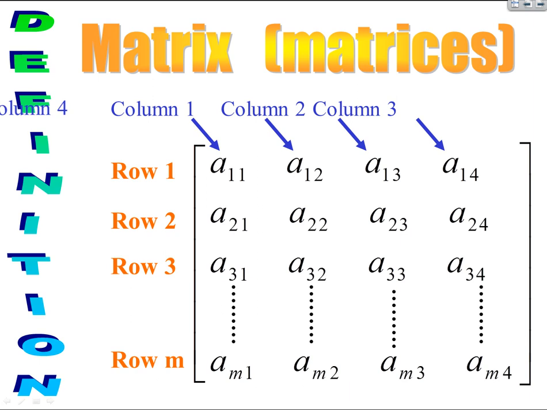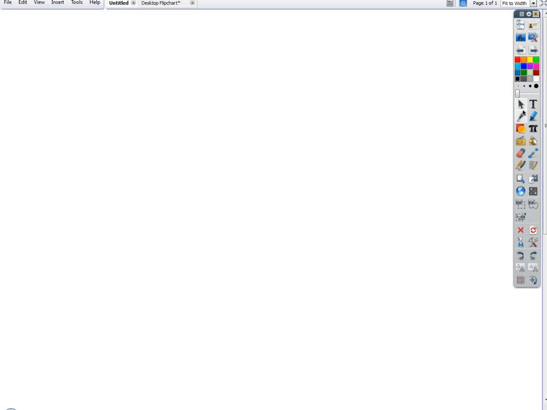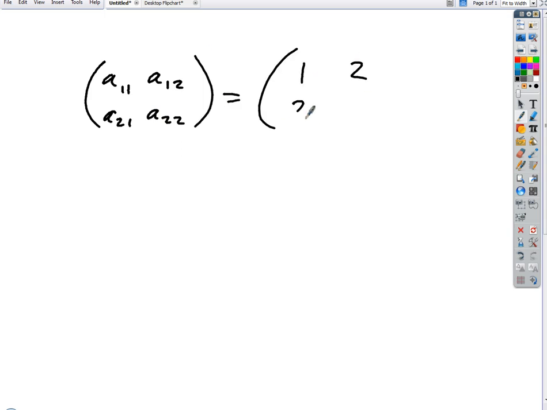An example, which will make more sense once we get into it more, is if we have matrix A, something like that, then that's just saying that the element 2,2, so the row 2, column 2 entry, is 4.